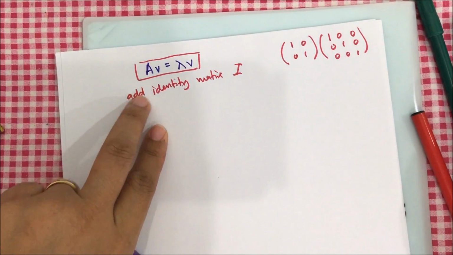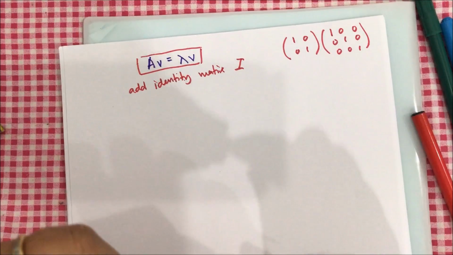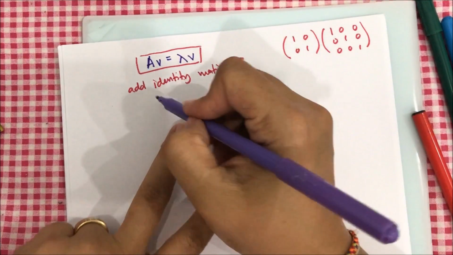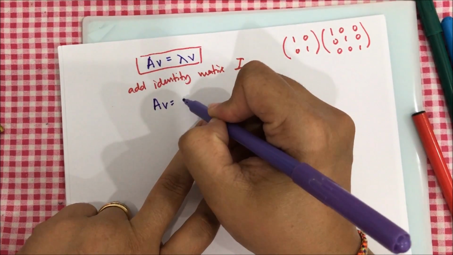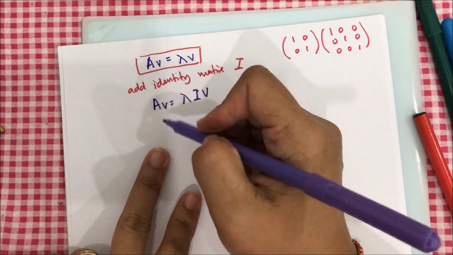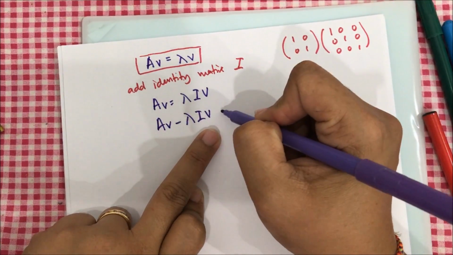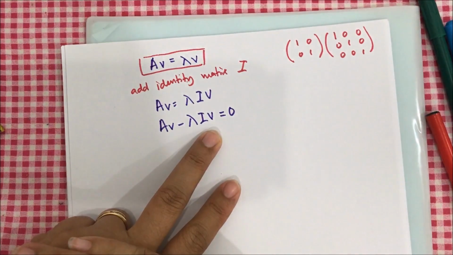So now when we add this identity matrix into the equation, the equation becomes Av minus lambda I v equal to 0.